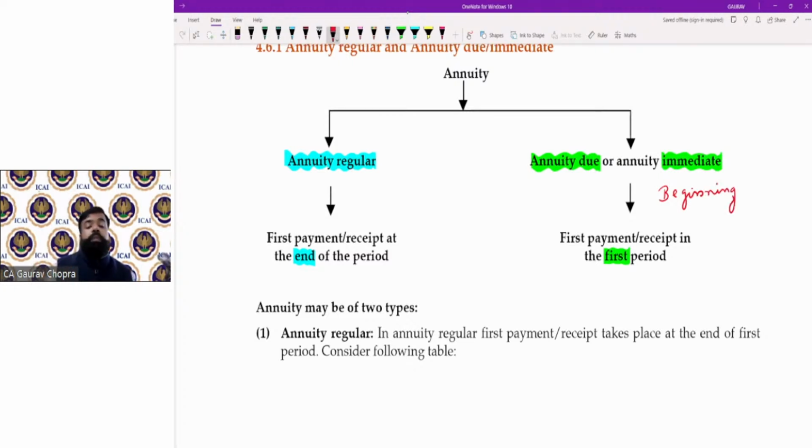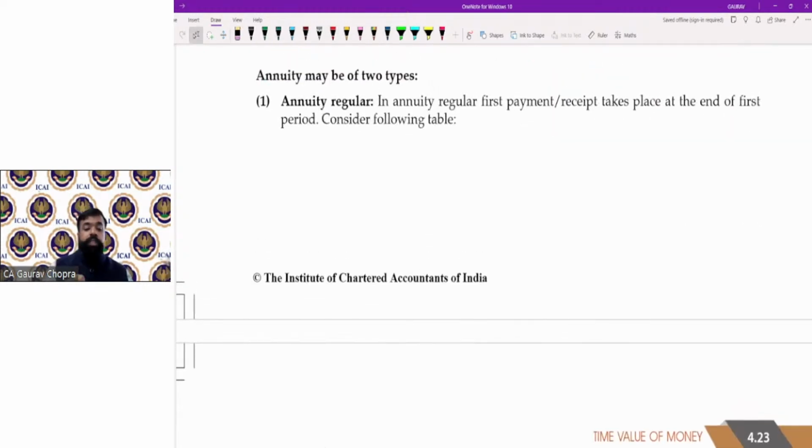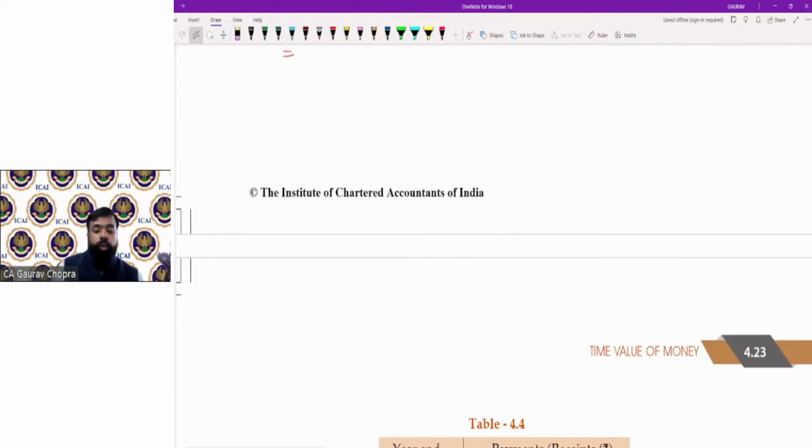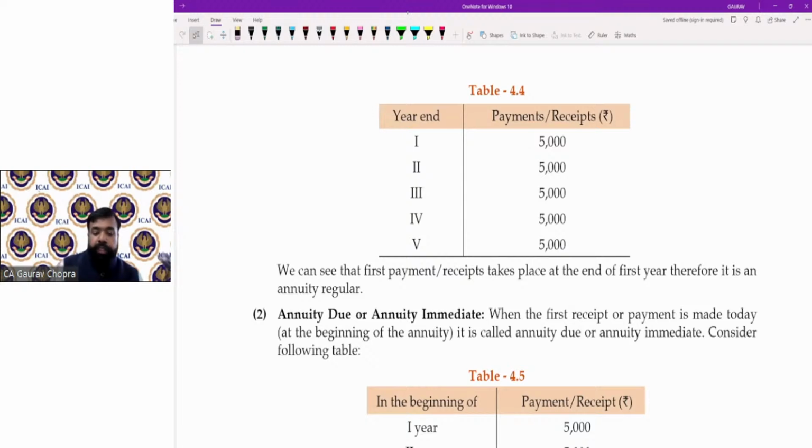तो जब भी बिगिनिंग में पेमेंट होता है उसको बोलेंगे annuity due और it is immediate, लेकिन जब एंड में होगा तो उसे कहा जाएगा रेगुलर। तो this you have to understand very carefully. Okay, so let us read this. Annuity regular, the first payment or receipt takes place at the end of the first period, एंड में होगा। So it is year end, amount is same, time gap is also same. So this is annuity regular.